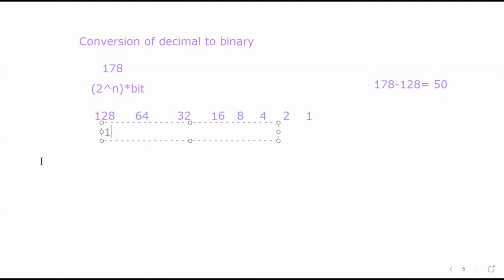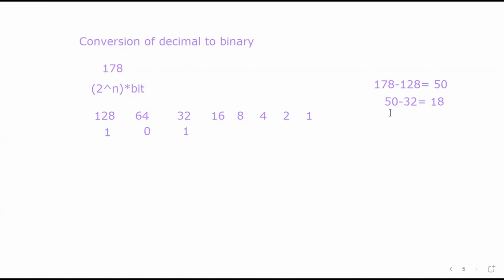Then where does 50 come between, 64 or 32? What is less than 50? 32. So let me subtract 32 from 50. It will come 18. So now I put 0 on 64 and 1 on 32.